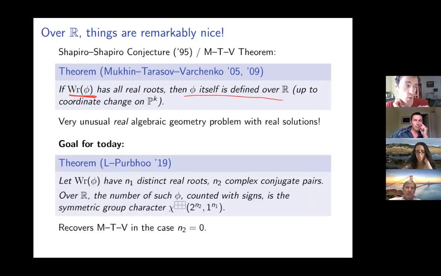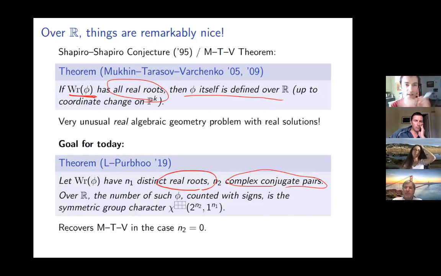And I'm not going to tell you anything at the moment about how this theorem was proven, but I do want to tell you where we're going today. So this is the theorem that Kevin and I proved last year, which generalizes it. So instead of having all real roots, we're going to allow the Wronskian to have any mixture of some distinct real roots and some complex conjugate pairs of roots. And we count how many we have. So all possible ways of having basically a Wronskian that's a real polynomial, but it may have complex conjugate pairs of roots.